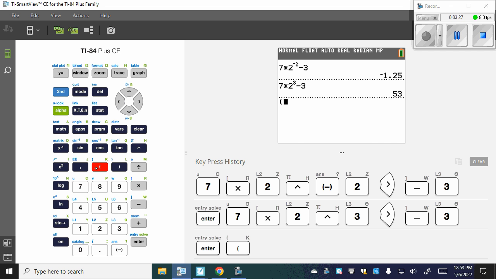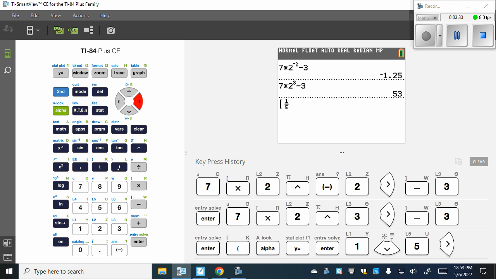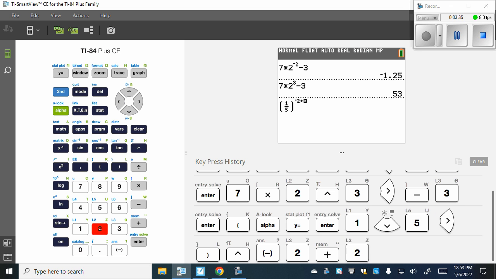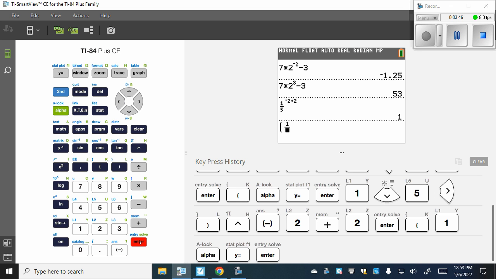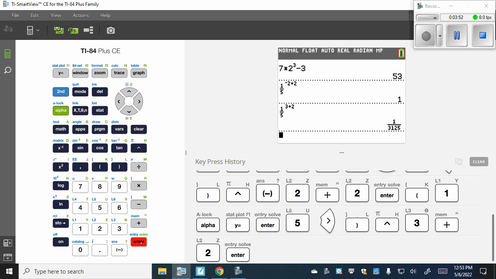So we can say parentheses, alpha y equals, enter, 1/5 to the -2 plus 2, and we get 1. Now we can do it again, 1/5 to the 3 plus 2, which gives us 1/3125.